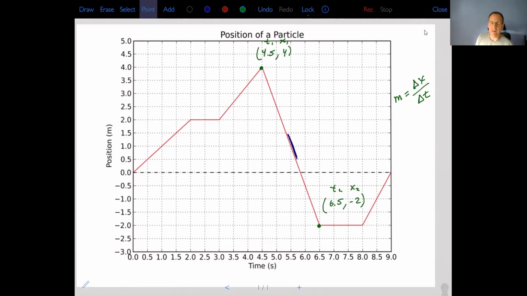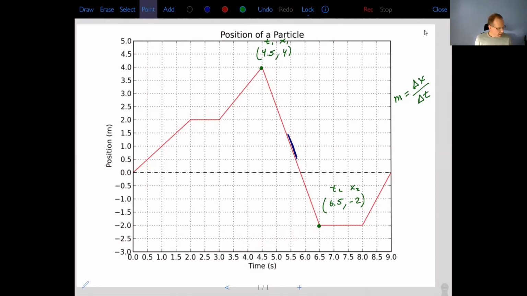Graphically, that means the slope has to be negative. So where is it moving backwards? It's exactly over the interval we just looked at. It's moving backwards from 4.5 to 6.5 seconds because the slope is negative. Everywhere else, the slope is positive, 0, positive. It's only here the slope is negative.